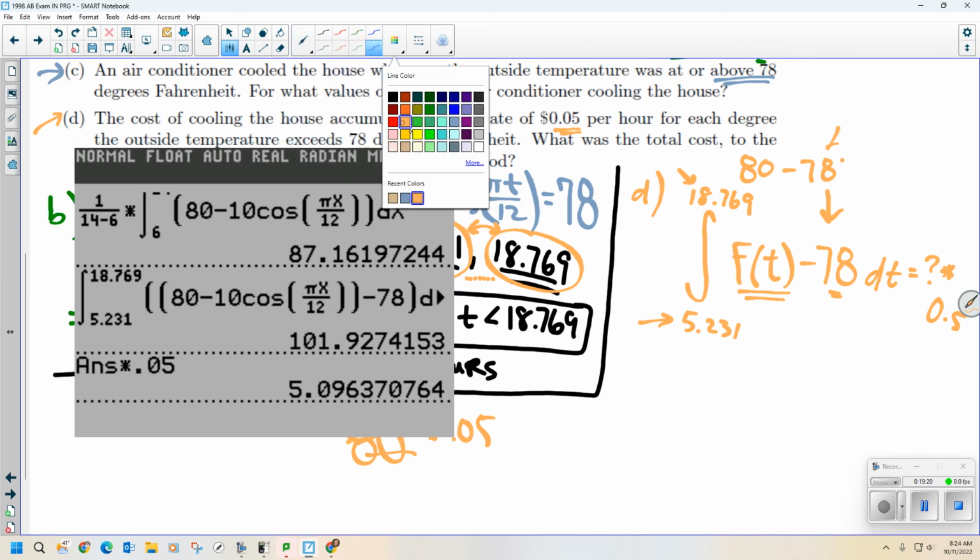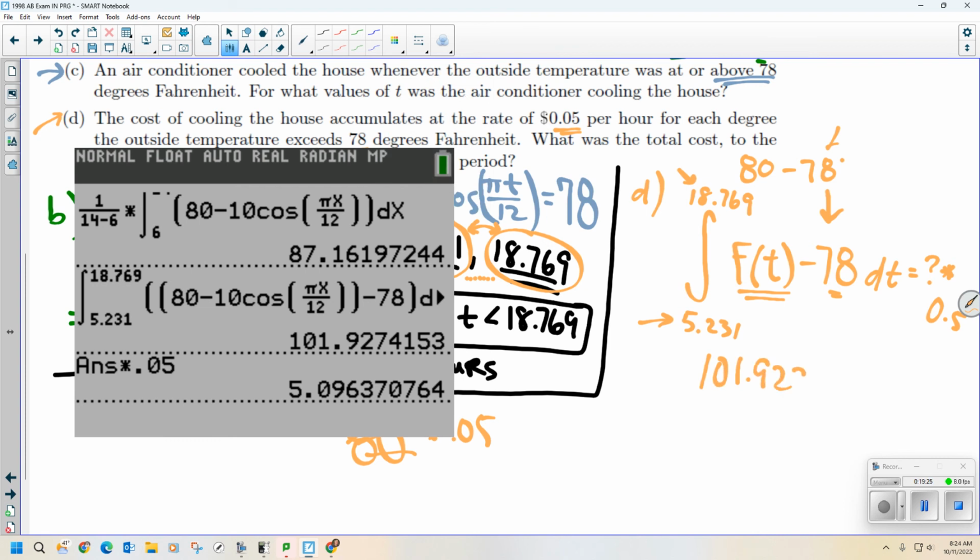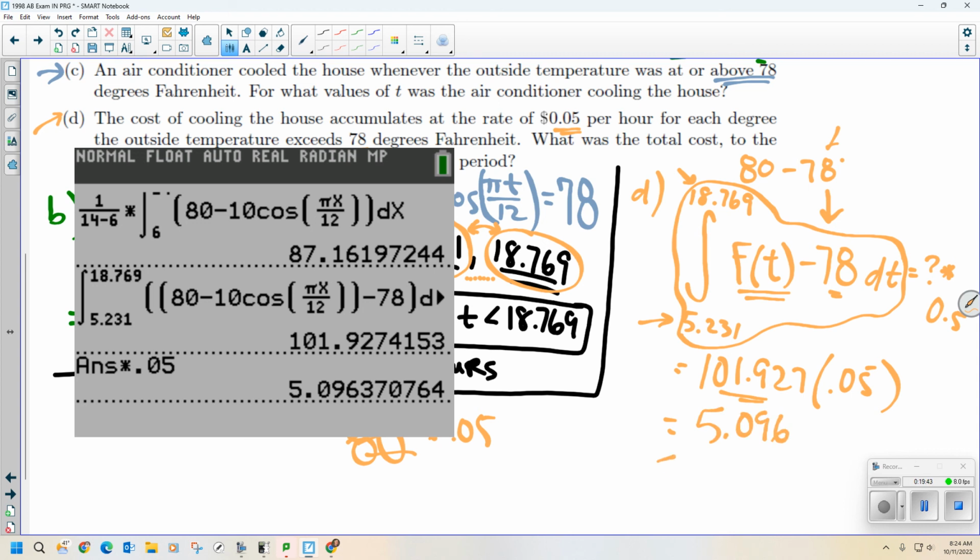You could do 101.927 times 0.05, but you really don't have to write this because this is where this comes from. But if you want to be efficient, it's 5.096, and if it's money, $5.10. That's what it's going to cost for that specific day.